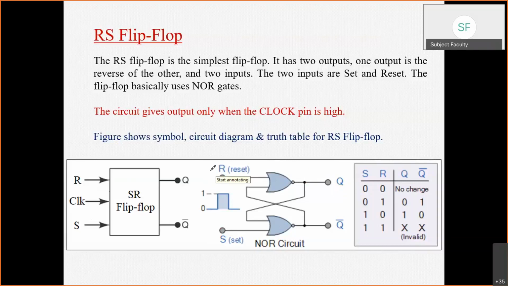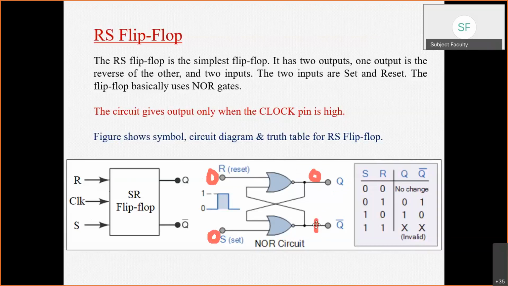So now here R is 0, S is 0, right? We cannot say anything sure about the output of this NOR gate. So hence we have considered that this Q is 0, so Q bar will be 1. Q is 0 so Q bar is 1. This is our assumption. Okay.